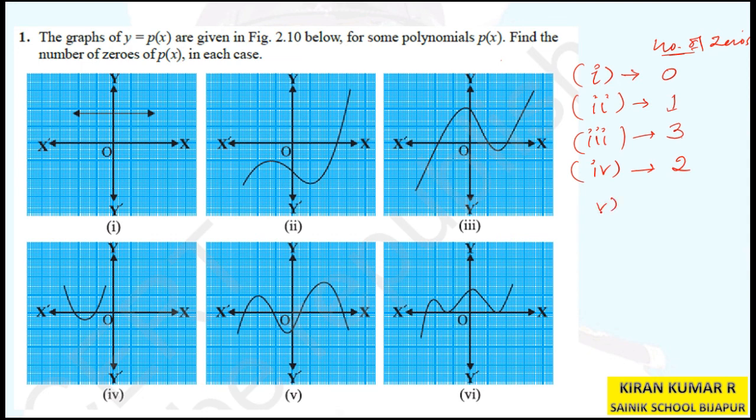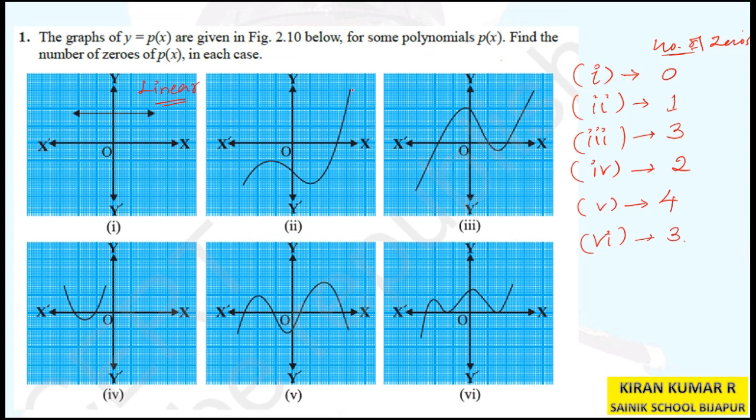In the fifth figure we have 4 zeros. In the sixth figure we have 3 zeros. Look at this. It's a linear graph. A linear polynomial will have at the most 1 zero. In this case it is 0 number of zeros.